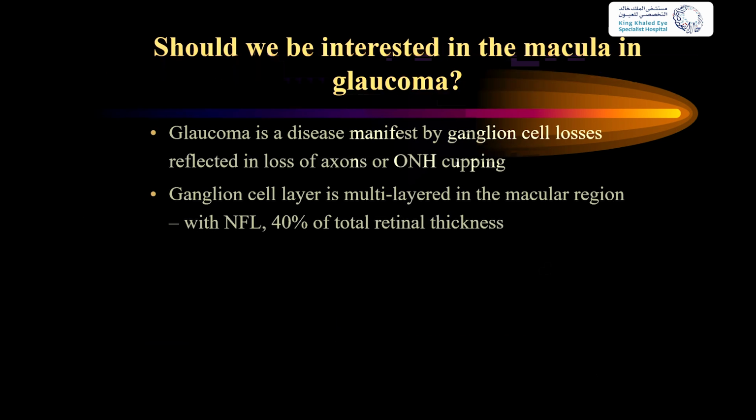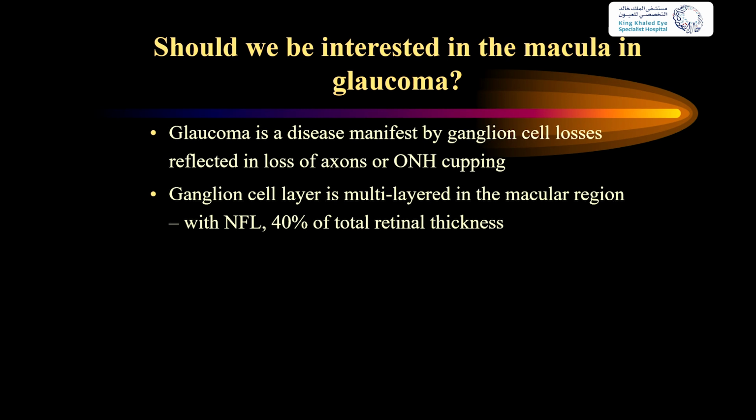It is. The ganglion cells sit in the retina, and the ganglion cell losses are in the axons, which is seen in the cupping. And this layer is multi-layered in the macula and constitutes about 40% of the entire thickness of the retina.